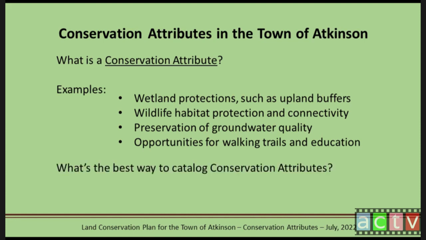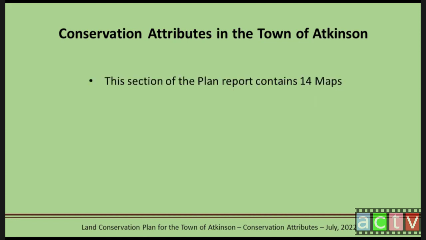And what's the best way to catalog conservation attributes? Well, maps. Lots of maps. So tonight we're going to be talking about lots of maps. Section 4 of the plan contains 14 maps, and they were produced by Rob Prine at RPC.